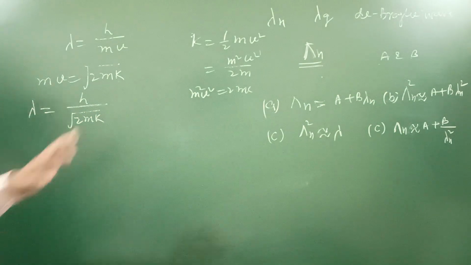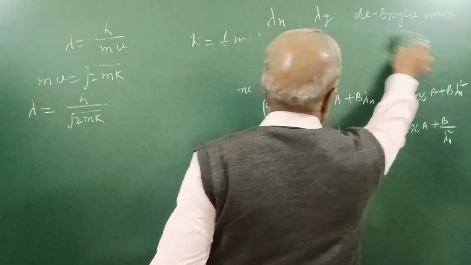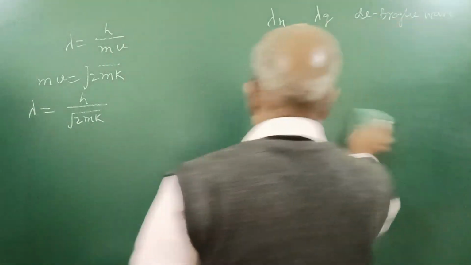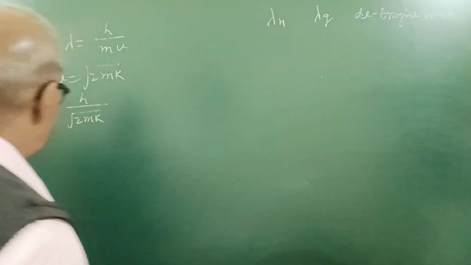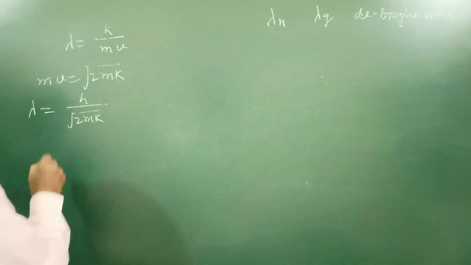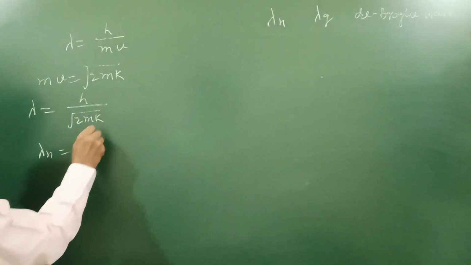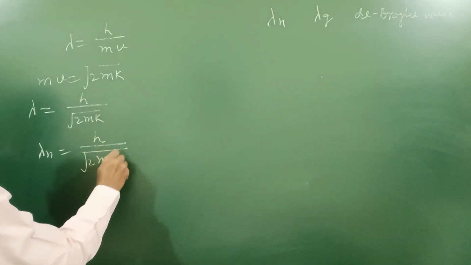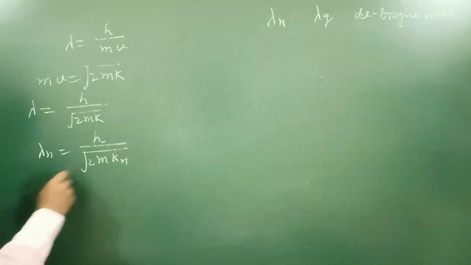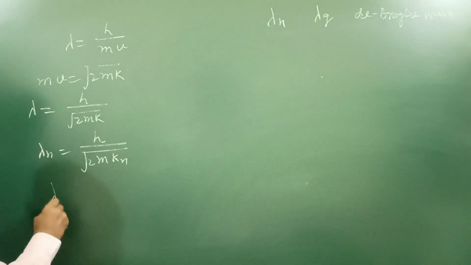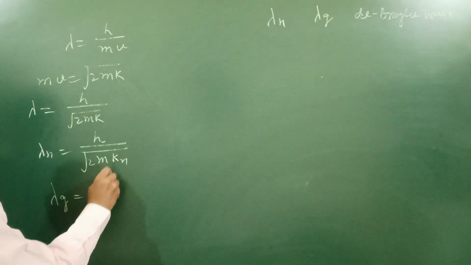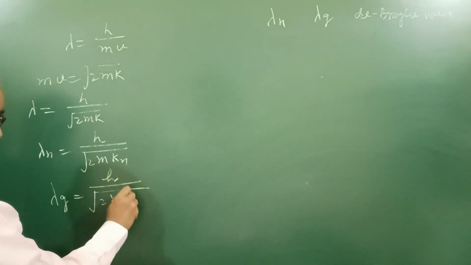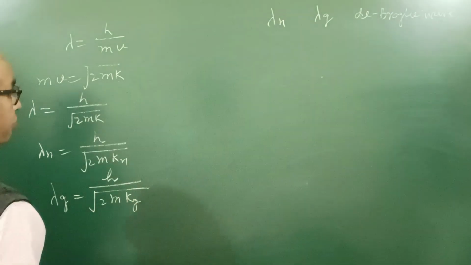For hydrogen atom, lambda n is equal to h upon under root 2mKn, where Kn is the kinetic energy of electron in nth orbit, and lambda g is h upon under root 2mKg.